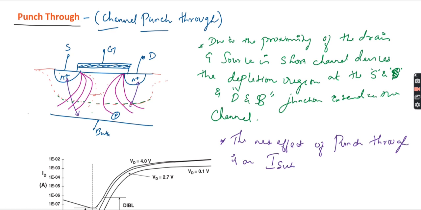Moreover, the punch through degrades the subthreshold slope.